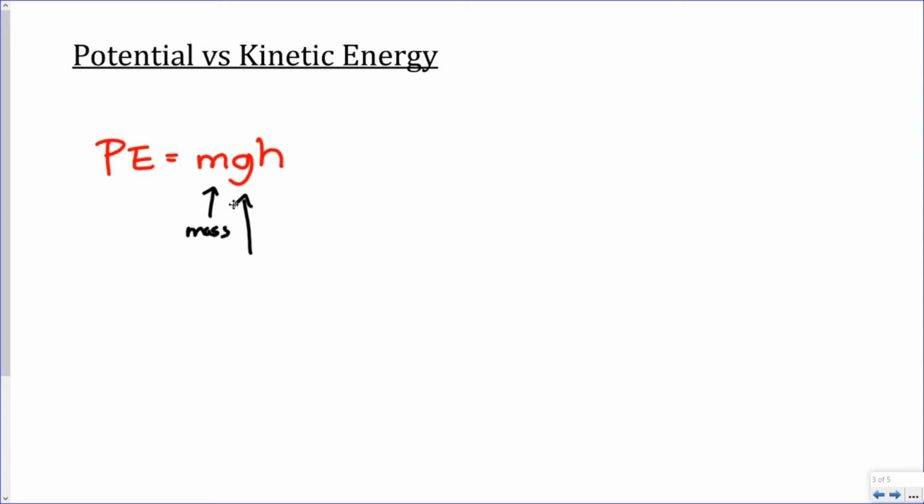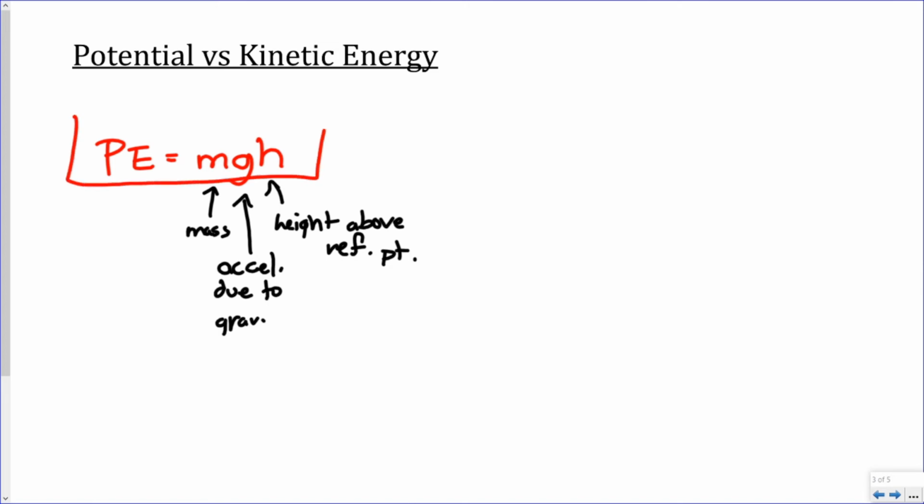G is the acceleration due to gravity. And h is the height above the reference point. And most of the time, that's going to be the ground.